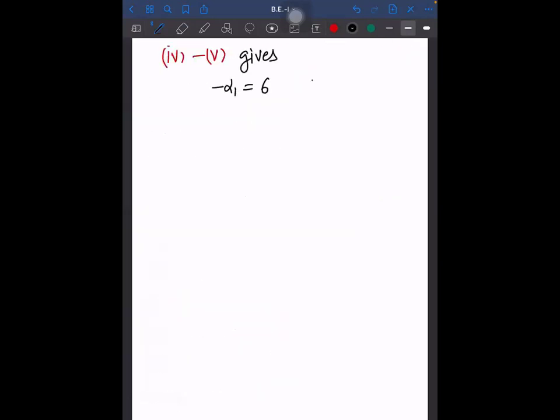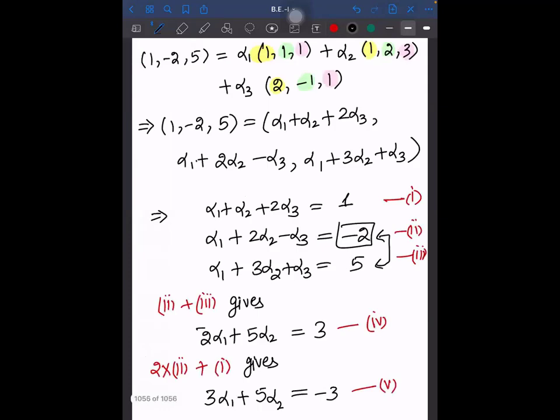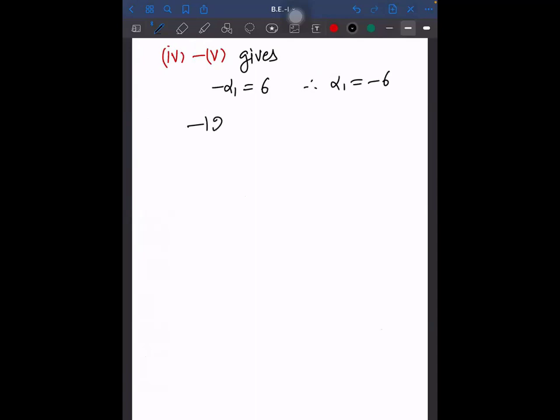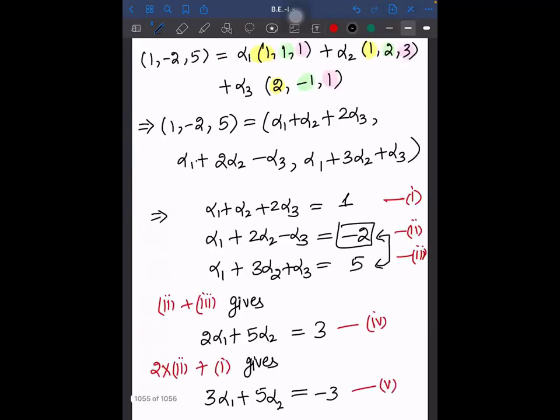Therefore alpha 1 is equal to -6. If alpha 1 is -6, let's put it into the fourth equation. This will become -12 plus 5 alpha 2 is equal to 3. So 5 alpha 2 is equal to 15, therefore alpha 2 is equal to 3.